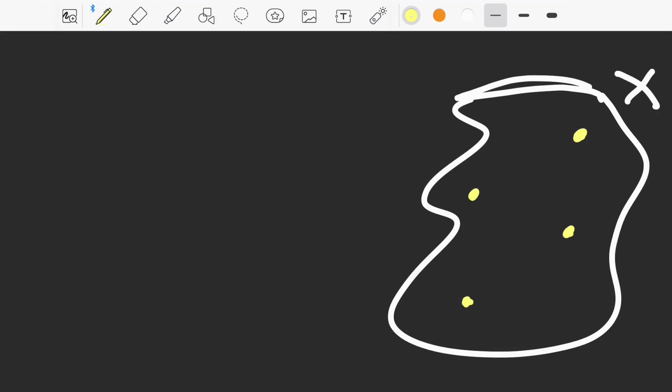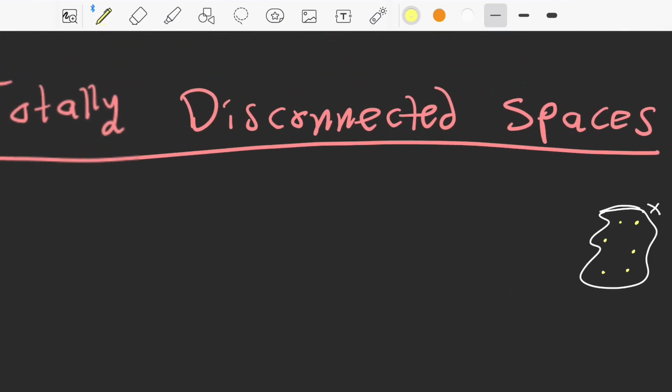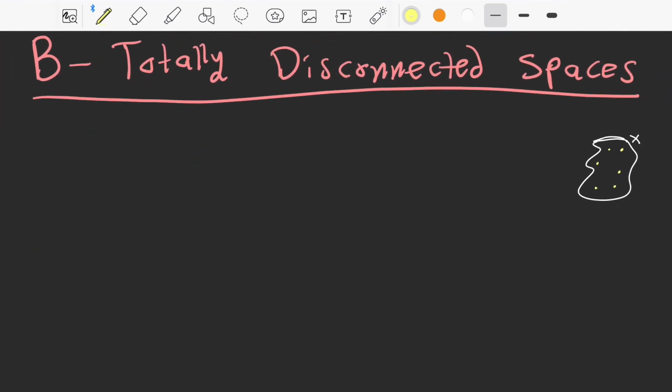It's like each point is separated from each other. We cannot have a subset where the points are connected close to each other. So the connected sets are only the singletons, and that's exactly the definition that we will talk about in a totally disconnected space.